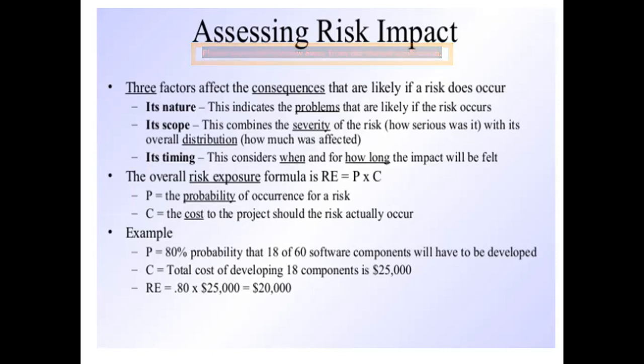So in the project the total number of components is 60, but 18 of the 60 software components will have to be developed. You are going to develop only those 18 components, and after that you are taking the risk, because you are aware of what is going to happen in the market or in the organization.